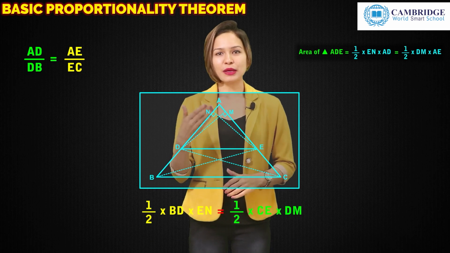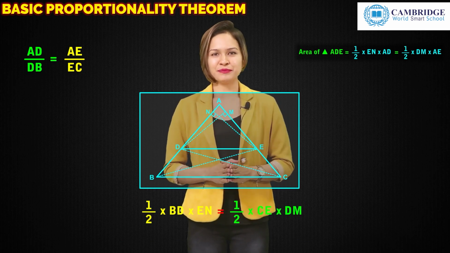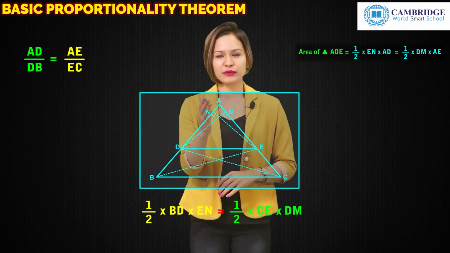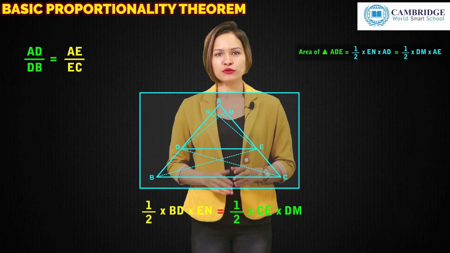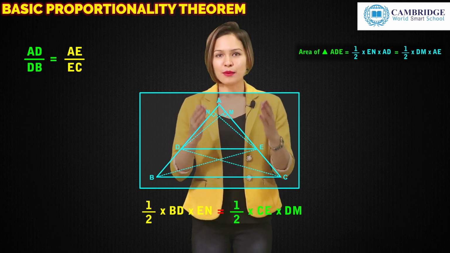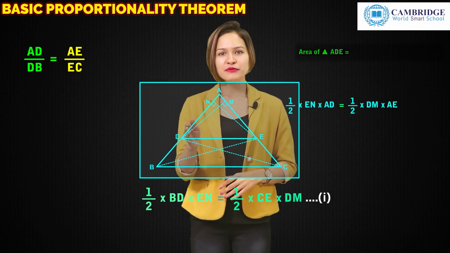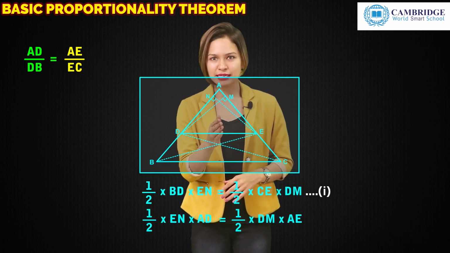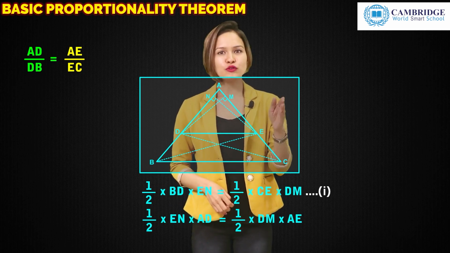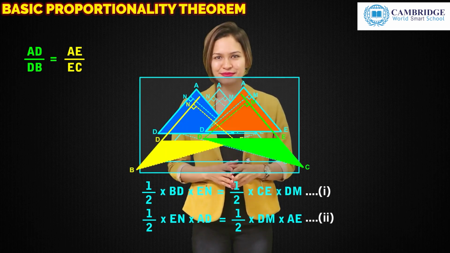Area of triangle BDE is equal to area of triangle CDE. Now we have half into DB into EN equal to half into CE into DM. Mark this as equation 1 and half into EN into AD is equal to half into DM into AE. Mark this as equation 2.